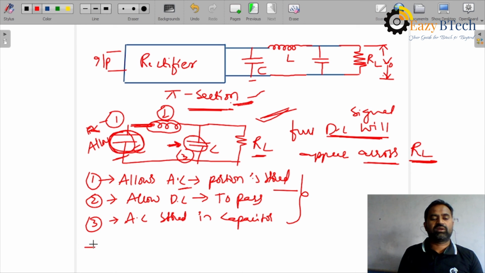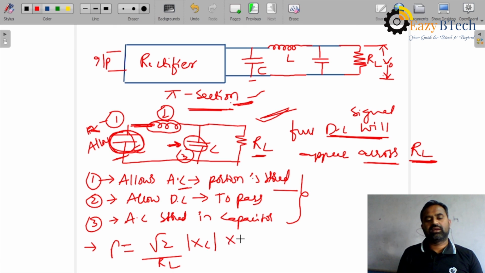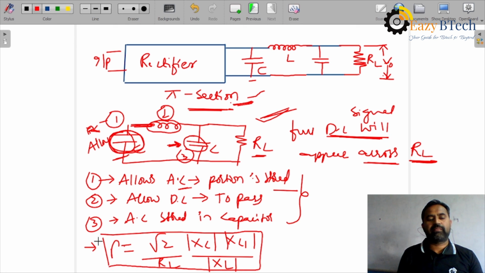Now the ripple factor for this is root 2 by RL XC XC1 by XL. This is the ripple factor for the pi section filter. Okay, it is widely used.